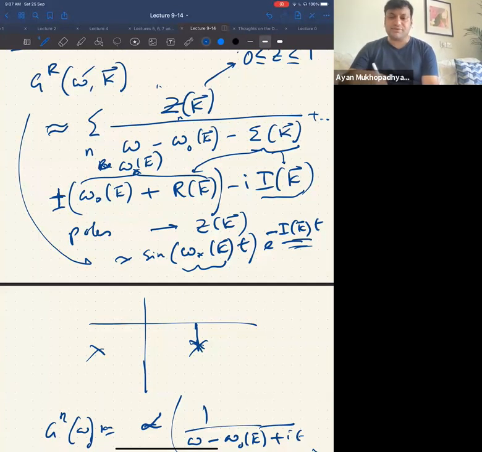This is something that is going to be useful for us, because one of the ways to understand the elementary excitations of a system, what the system is made of, is to simply compute something like a response.